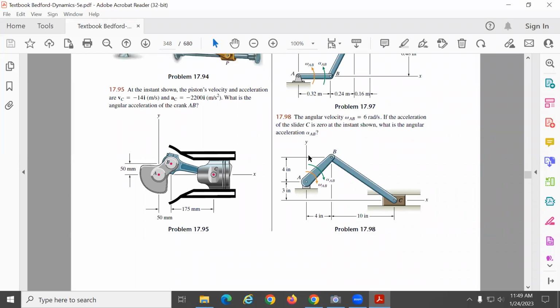The angular velocity omega AB is 6 radians per second. If the acceleration of the slider C is 0 at the instant shown, what is the angular acceleration alpha AB? Okay, so we need to find alpha AB. All right. So if you look at what I've done, you can copy this figure, which is probably much nicer than mine.